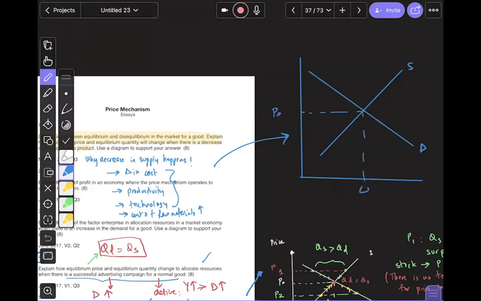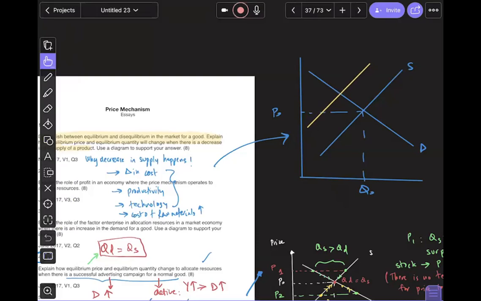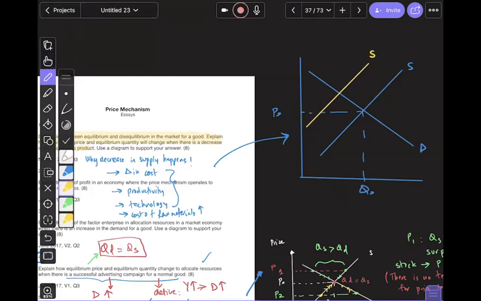So let's look at this. When there is a decrease in supply, you will see the curve shift backward, right? So this will happen from S to, let's say, S dash. At the equilibrium price, previously equilibrium was at point A, guys. So at that price, quantity demanded is here, quantity supplied is here.